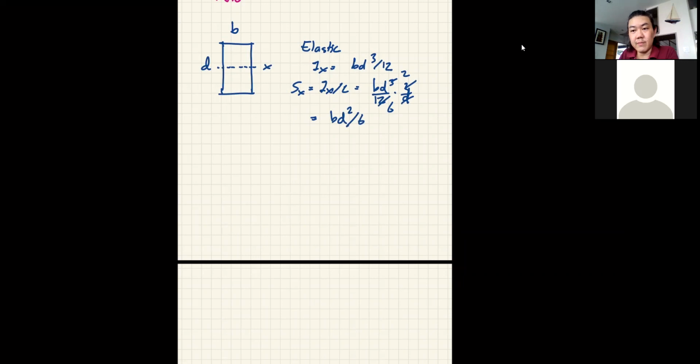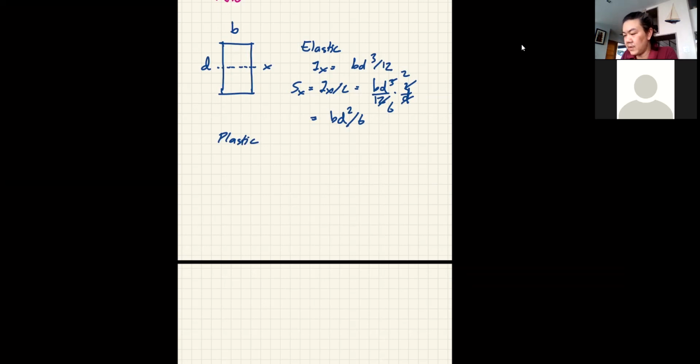You'll find yourself from time to time using this formula to calculate the elastic section modulus of some sections when you design it, so it's good to know it. Now it comes down to plastic. Remember from the formula, we are taking the moment of the area around the plastic neutral axis.